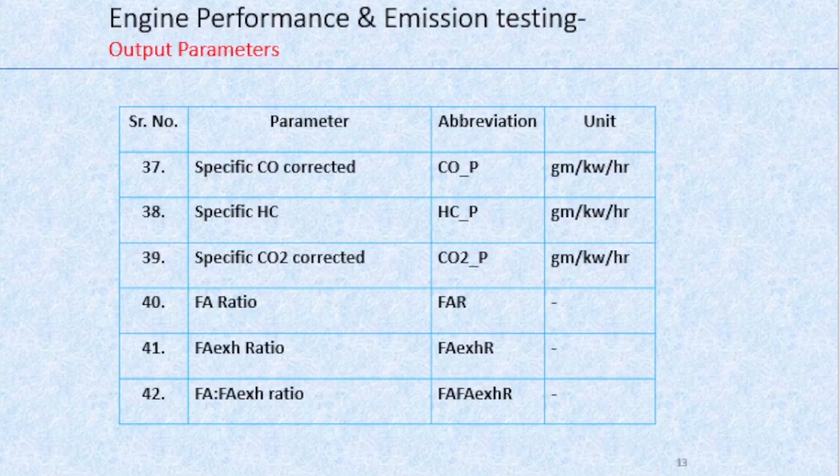To check the emission instrumentation calibration quality and accuracy of measurement, there is a way to calculate another FA based on exhaust composition. So these are all the various output parameters that are required to be calculated as far as overall engine performance and the various emission parameters are concerned.